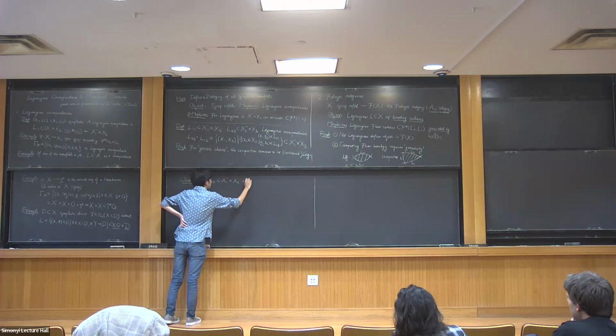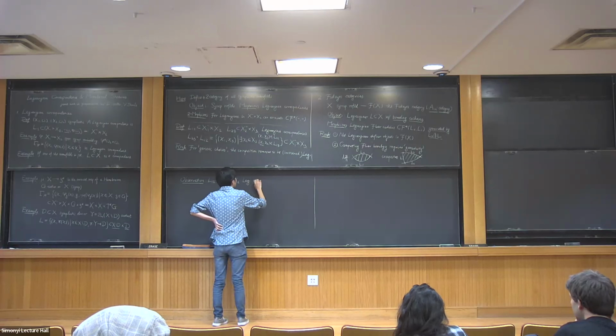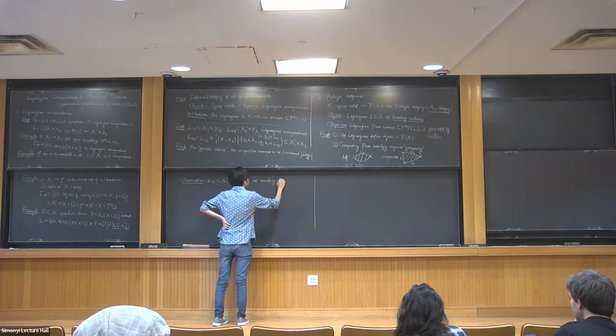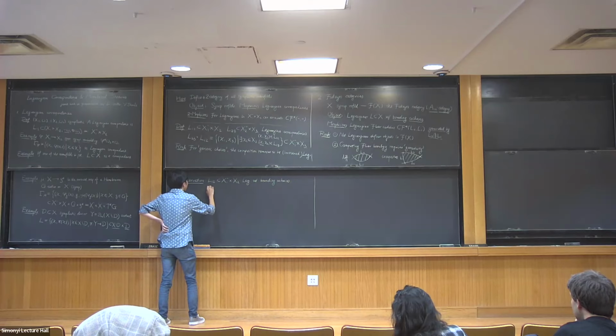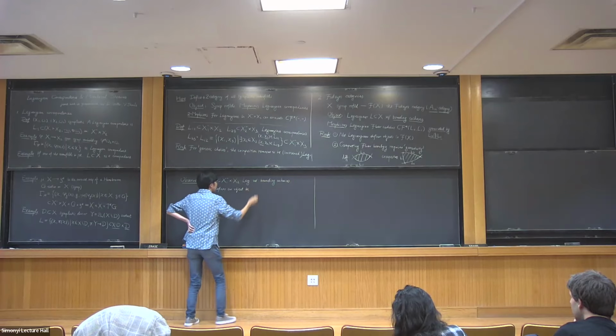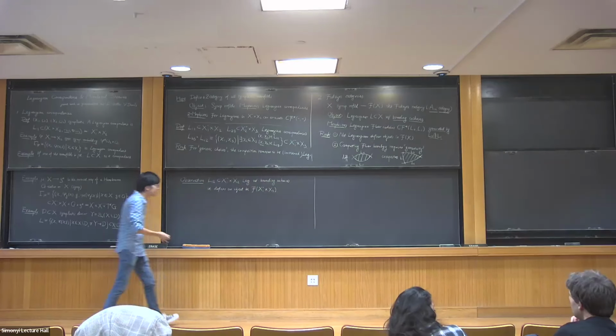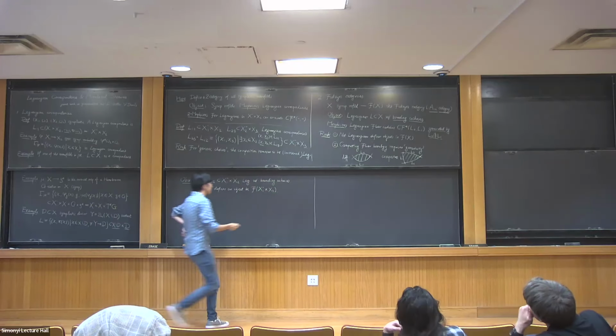In other words, a Lagrangian correspondence, let's say with bounding cochains, defines an object inside the Fukaya category of X1 minus times X2.